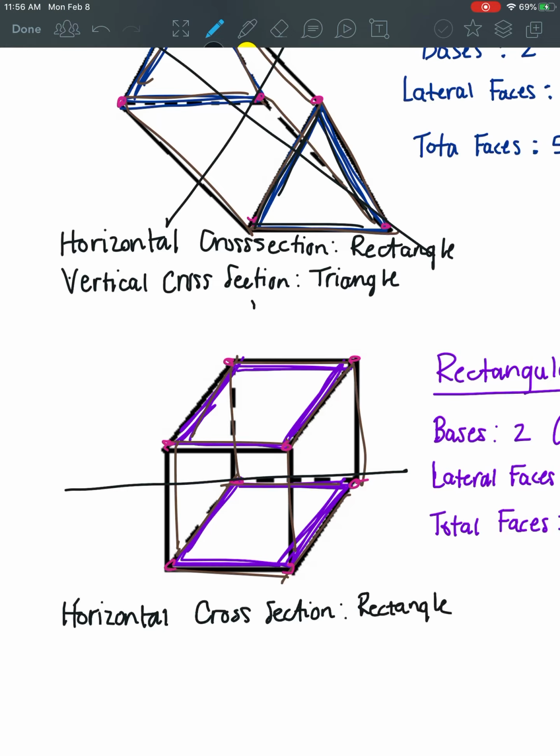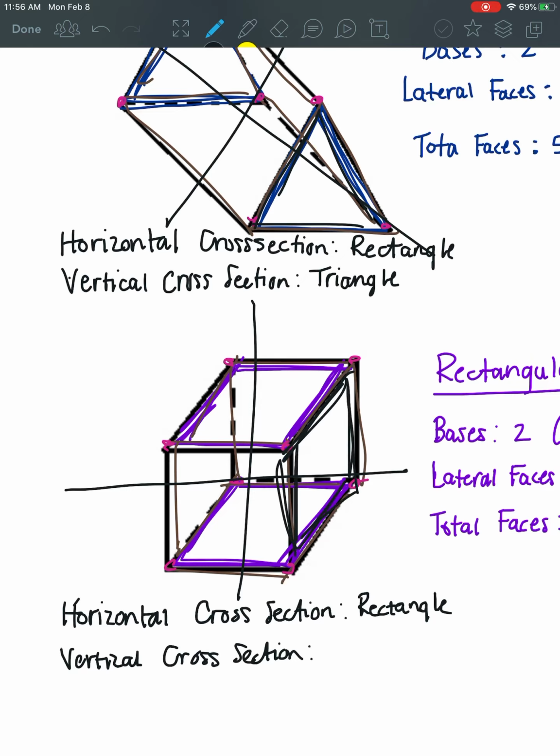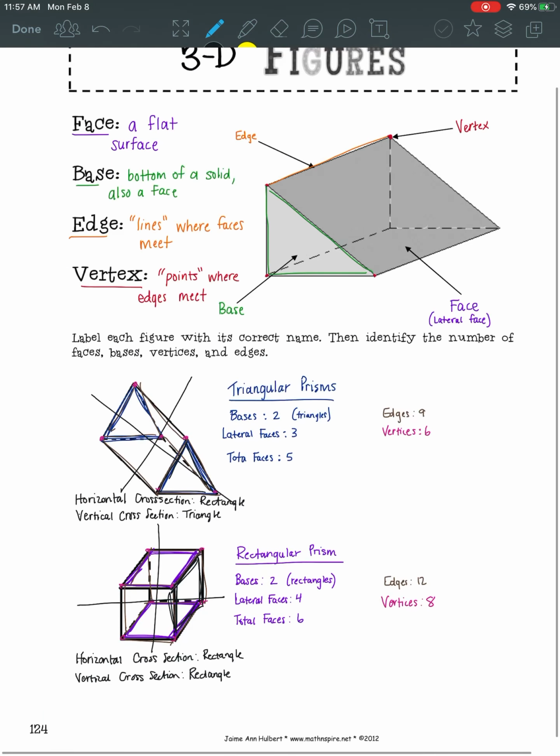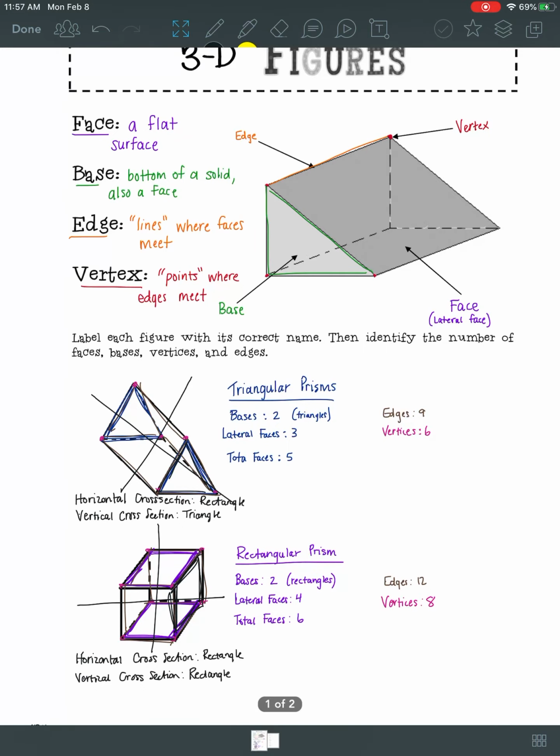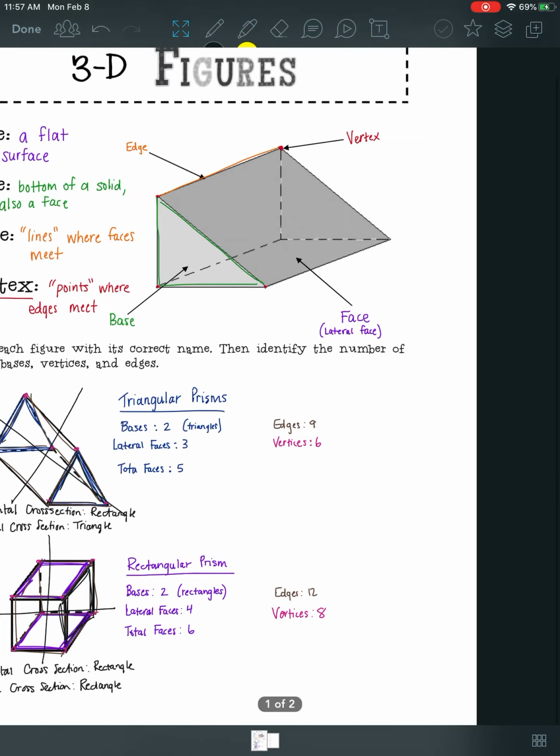Okay, now if we cut it vertically, again, it would be its parallel side. So a vertical cross section would result in the rectangle on its side, a lateral side. So again, it would result in a rectangle. The thing about a rectangular prism is all of the faces are rectangles. So if we cut them vertically or horizontally, we're going to see a rectangle.